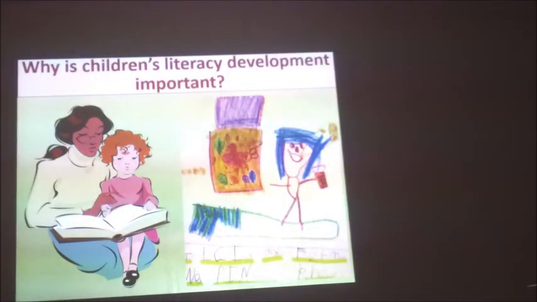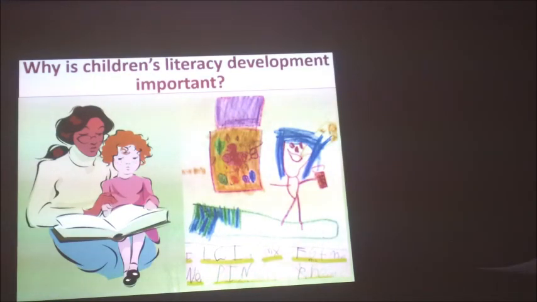Why then, one may ask, is literacy development important? The ability to read and write is the key to a child's success in school and throughout life. O'Grady et al. 2010 states that language acquisition only works if language is stimulated at the right time.